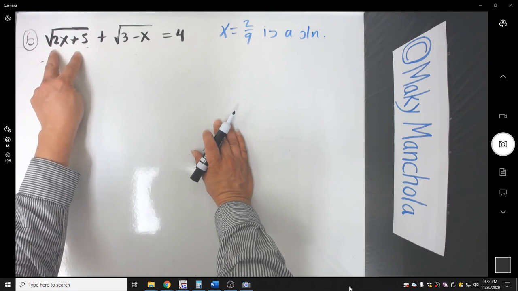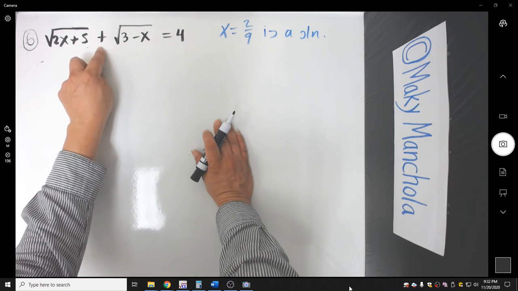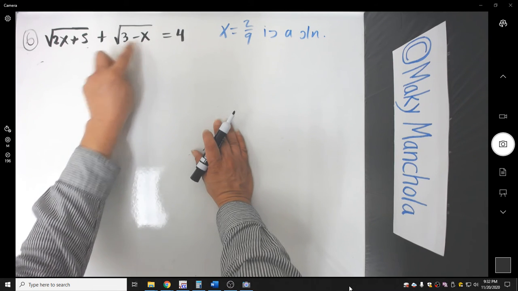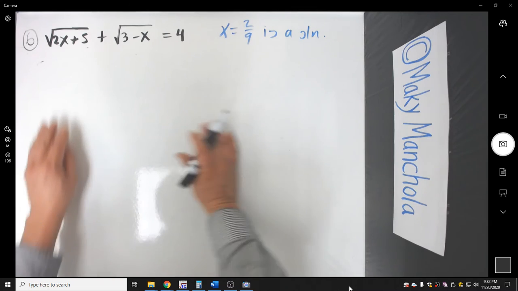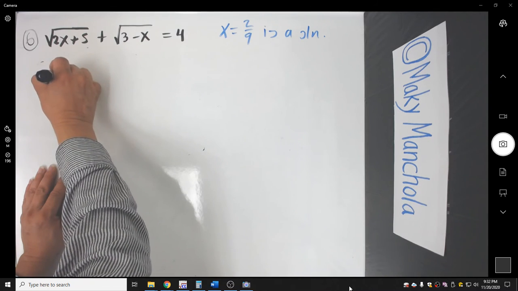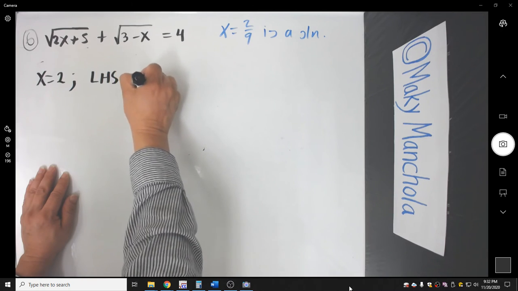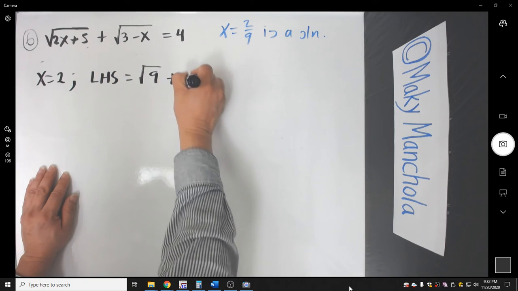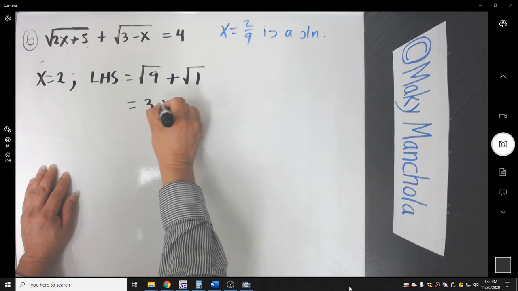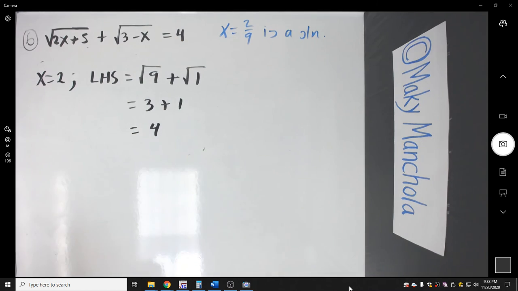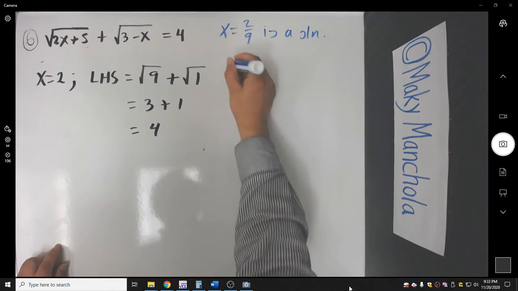So that's the square root of 9 plus the square root of 1, because 3 minus 2 is 1. So when x equals 2, left hand side is the square root of 9 plus the square root of 1, which is 3 plus 1, which is 4, which is the same as the right hand side. So we conclude that x equals 2 is also a solution.